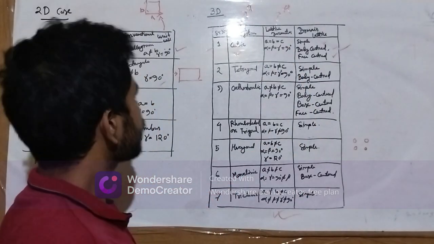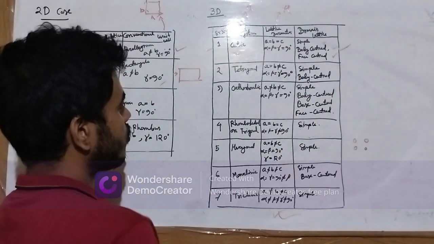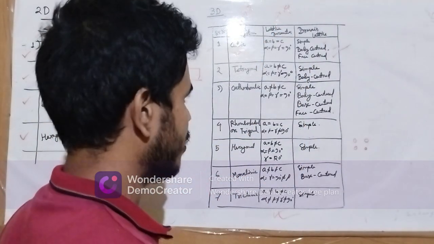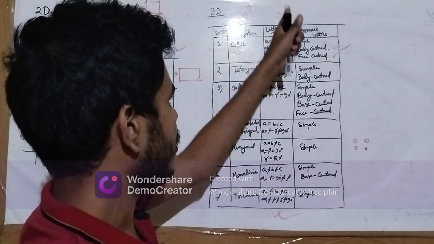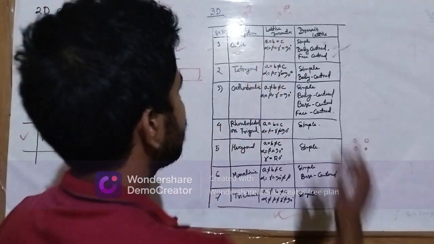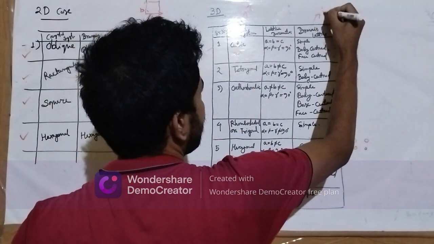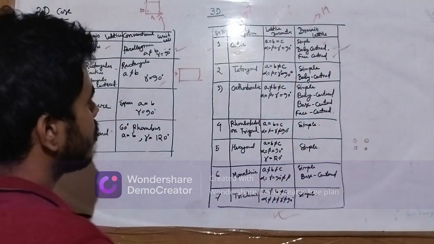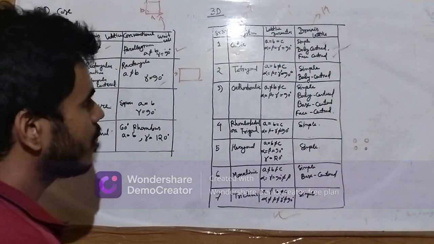For interview purposes or for just a 1 mark question, this will be asked just to check your basic knowledge. How many Bravais lattices are there? Total 14, and there are 7 crystal systems.